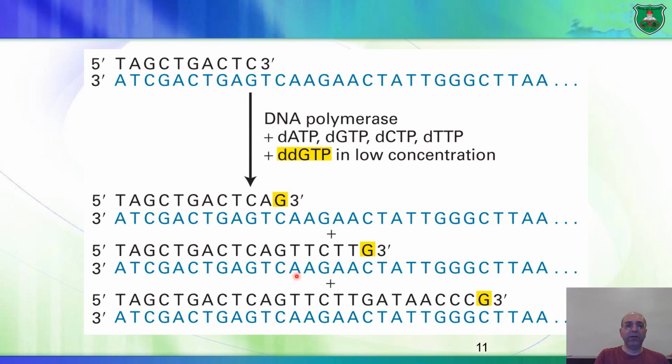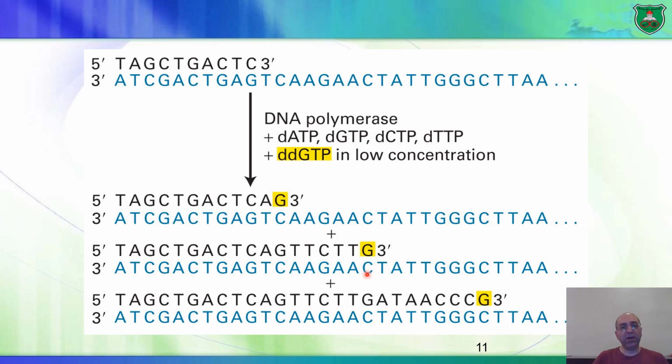So there's an A, T is added, another A, T is added, and so on. G, a C is added, and so on. It continues because all of them are normal deoxy nucleotides. And then there's a C. Again, there's a probability that the polymerase would add a deoxy G or a dideoxy G. If it adds a deoxy G, synthesis continues.